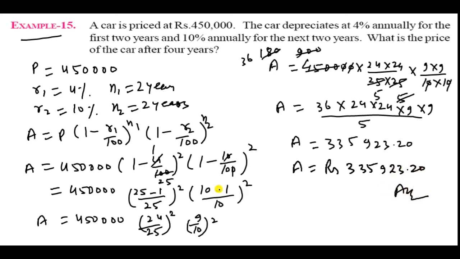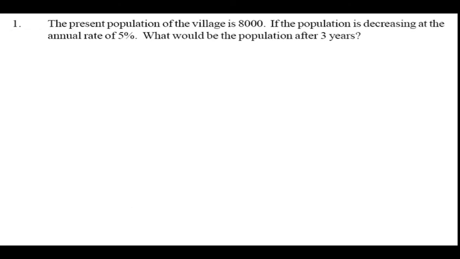So in this calculation, the amount will be equal to 335920. So the amount will be equal to rupees 3,35,923 rupees 20 paise. So that one is your answer.